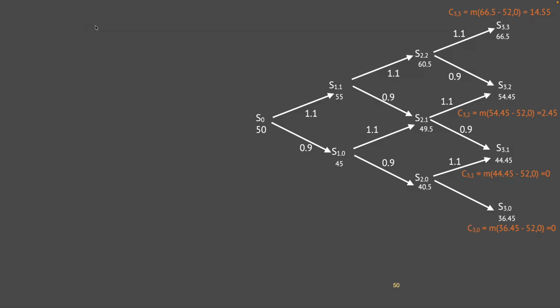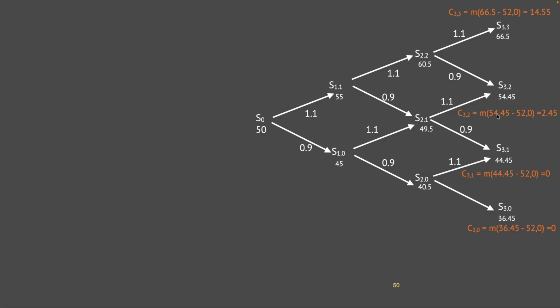Since it is an American call option, we use the formula max of S minus K. Here S33 is 66.5, so it is the max of 66.5 minus the strike price 52, or 0. 66.5 minus 52 is 14.5, which is greater than 0, so the option value becomes 14.5. For the second terminal value, C32, it is the max of S32, which is 54.45, minus the strike price 52, comma 0.